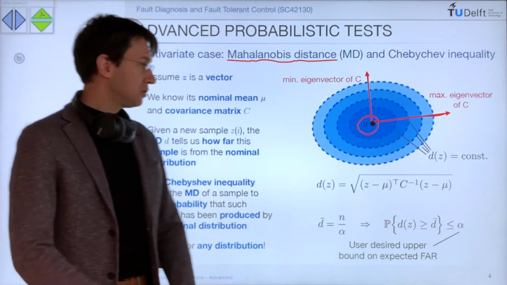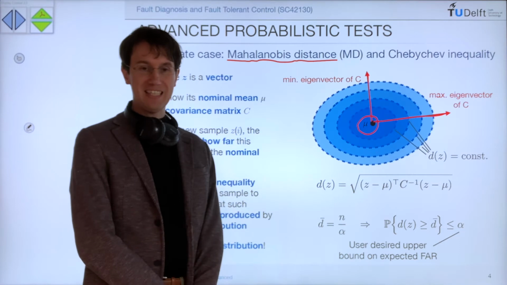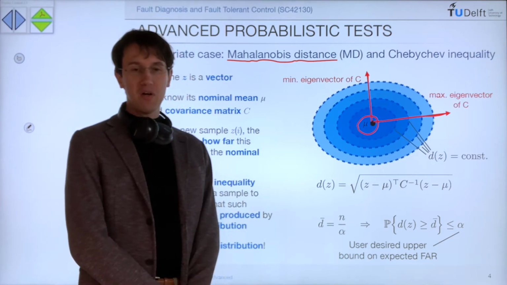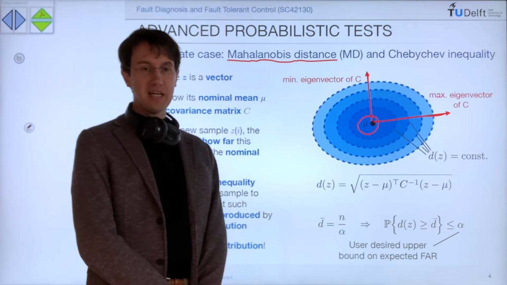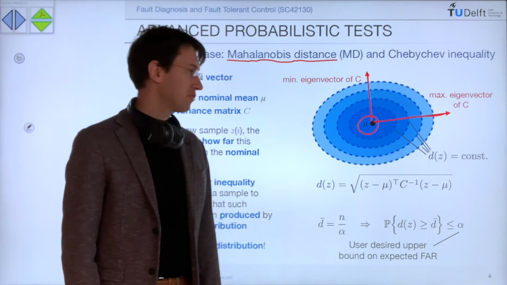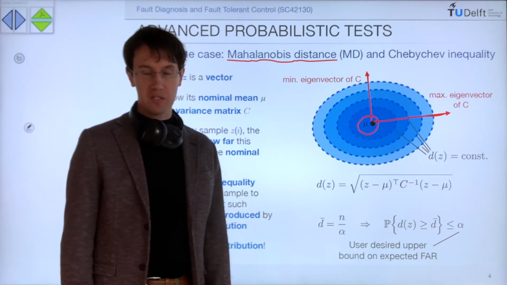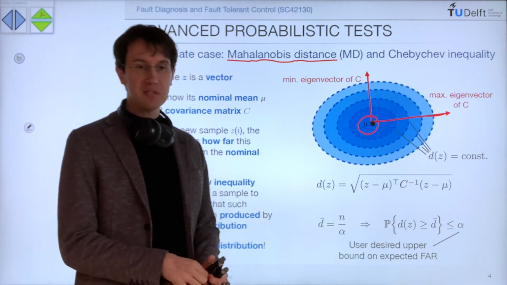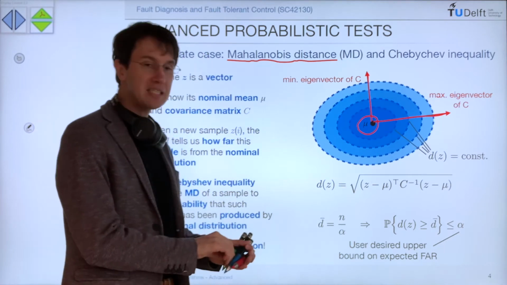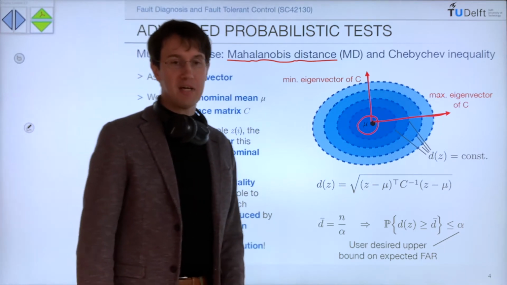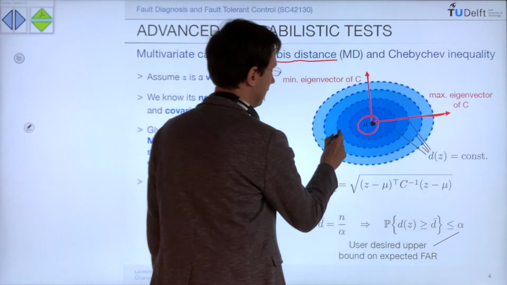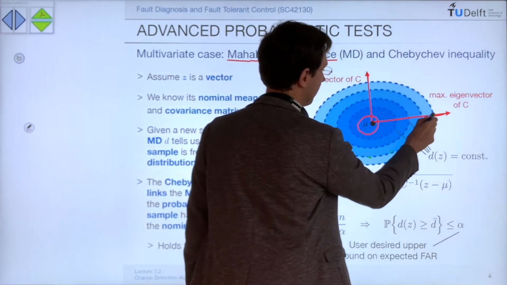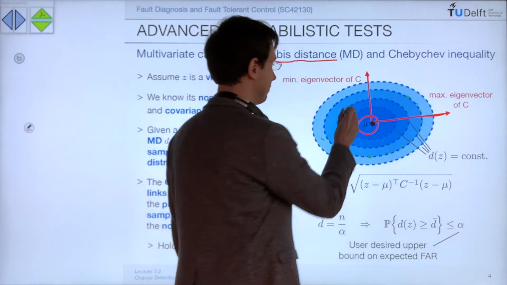Well, it turns out that if you consider all the possible values of z, so if you draw a lot of samples of z, and if you look at those samples, you get a cloud, and this cloud, unsurprisingly, has the shape of an ellipse.